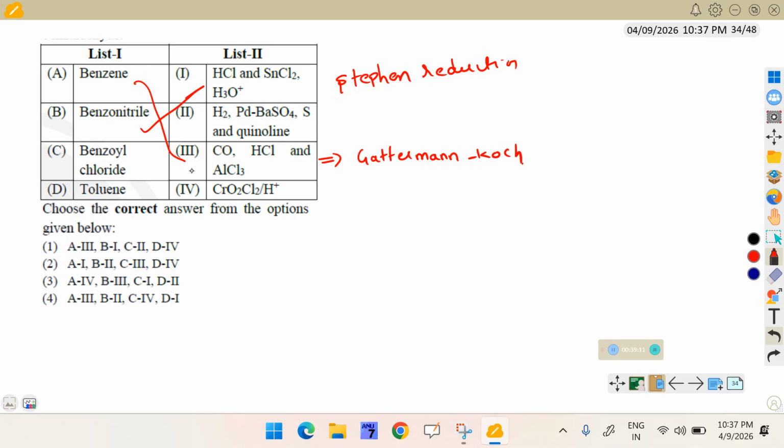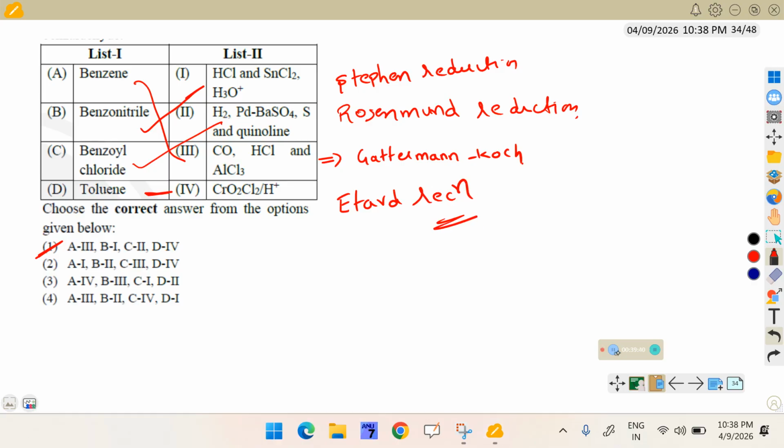Now A3, B1: first option correct. Benzyl chloride with Pd-BaSO4 and quinoline: the reaction is Rosenmund reduction. Toluene reacts with CrO2Cl2 and H plus. The reaction is called Etard reaction.